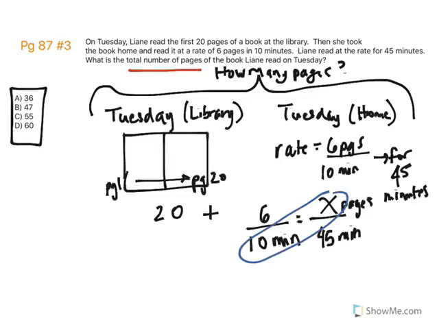So we can cross multiply, and we get 6 times 45 is 270. 10x. Okay. Now we can solve this simple equation.